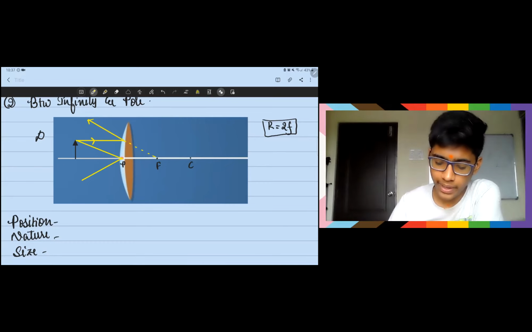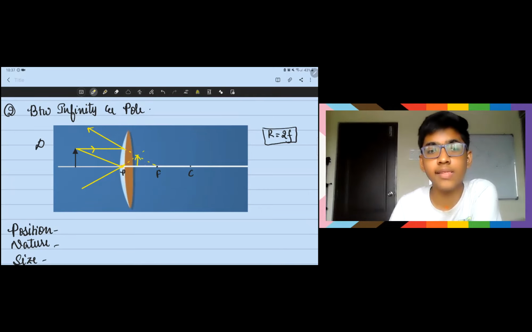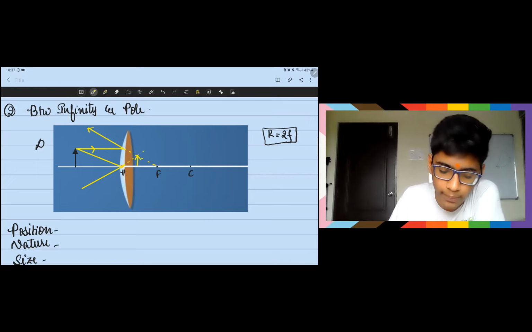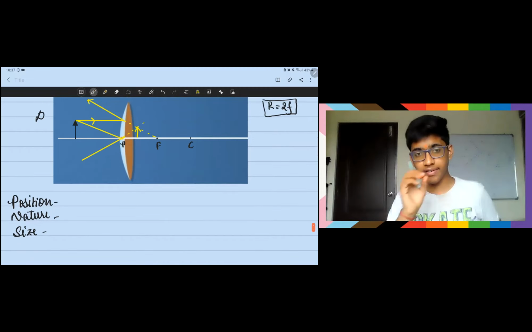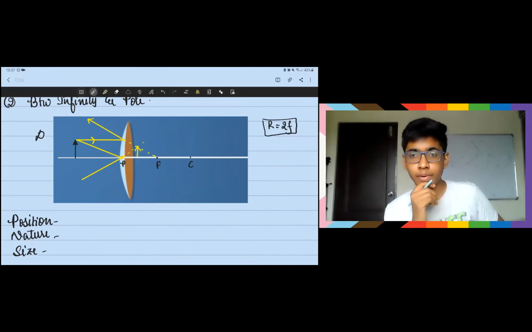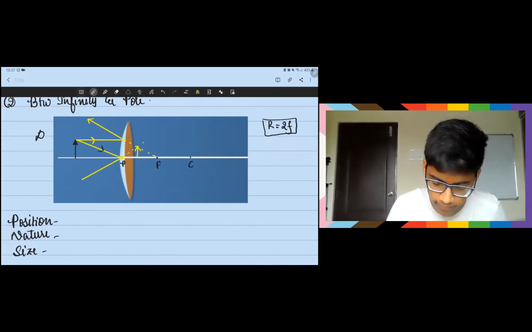Now from the pole, you draw these dotted lines to where the cross section is coming. This is the image. Between pole and focus, the image is coming. Any light ray which passes through the focus, after reflection comes parallel to the principal axis. You can use that rule also. Do not forget these arrow marks.